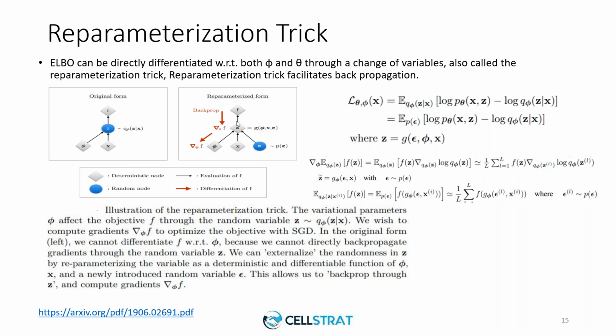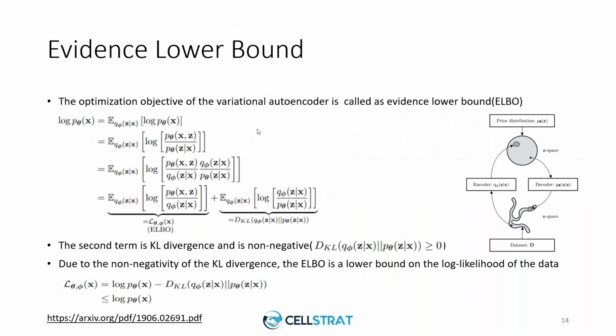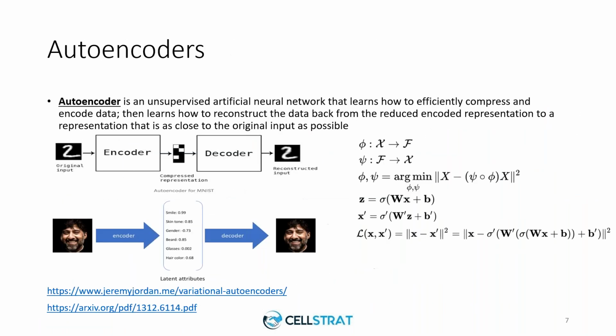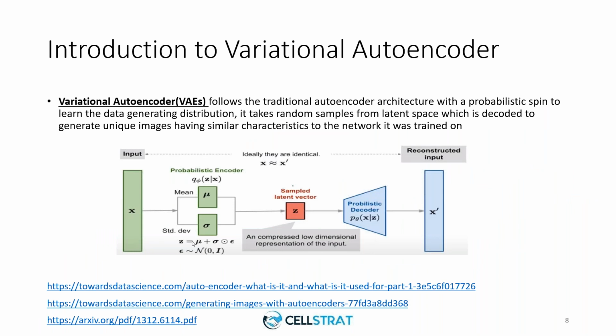What happens is that this randomness is moved out. This particular variable is called epsilon, which belongs to a distribution with zero mean and unit variance. This is the equation for how we calculate the value of z in this case: mu plus sigma into epsilon.